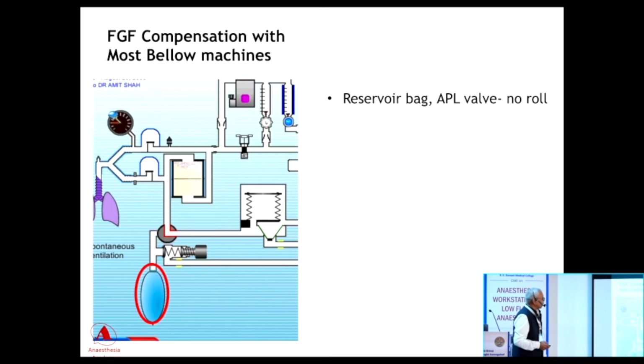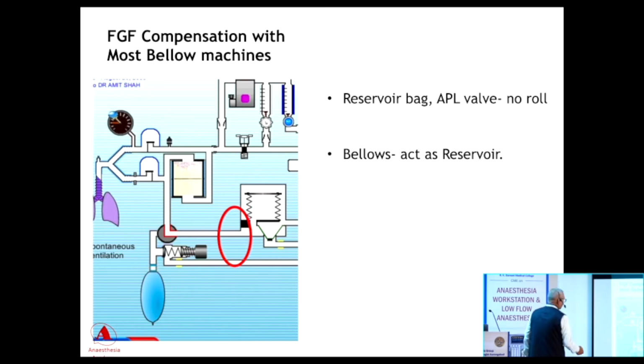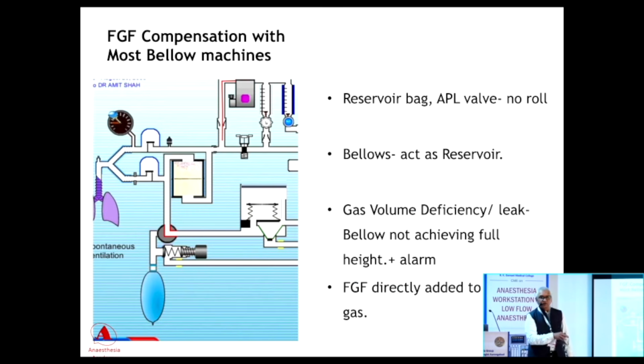Okay, what about fresh gas compensation technology? Now here, once you start the ventilator in this particular machine, the bag and APL valve both will have no role. You can squeeze it, open or close the APL valve, the moment the ventilator is on, this is out. It has no role at all. Bellow is their reservoir. What is the reservoir? Bellow.